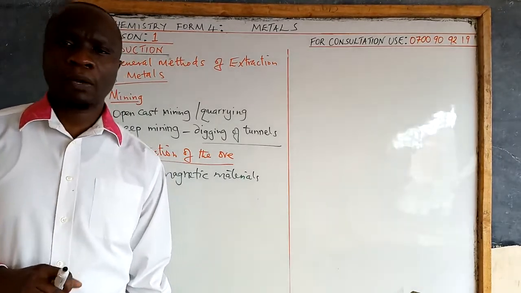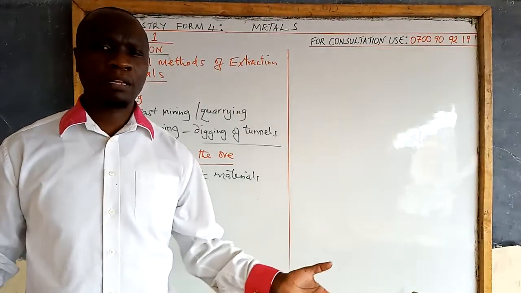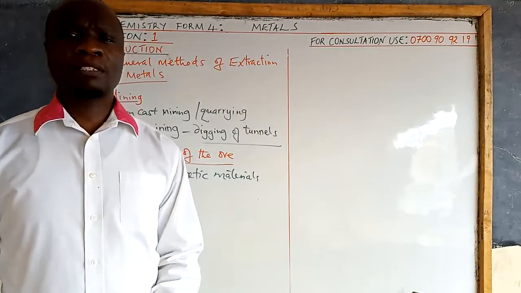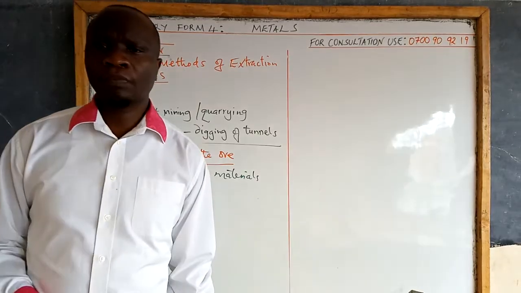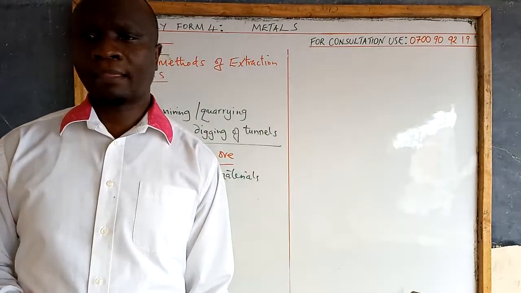Then after that, you can wash, because you are digging it from the ground. Definitely there will be sand, soil, the earthy materials that are not required. So the second step will be washing with water to remove the earthy materials.